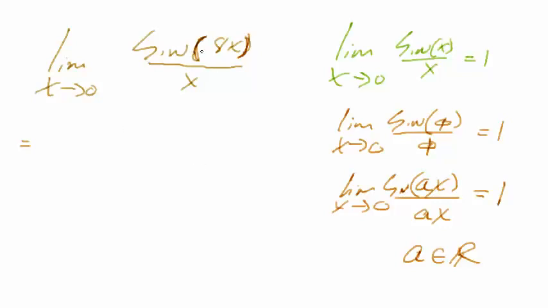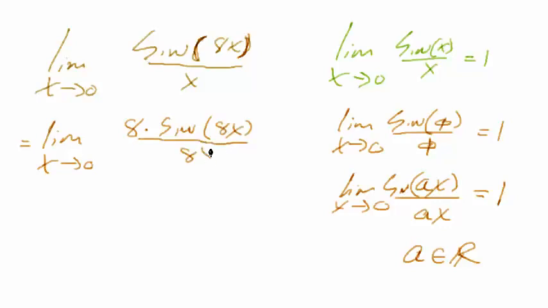Now, what we'll want to do is write an 8 down here. And if we write an 8 down here, then we know that this thing is equal to 1. But I can't just write an 8 down here. I'm going to have to write an 8 up here also, because 8 over 8 is just 1. So we've got the limit as x approaches 0 of 8 times sine of 8x over 8x.